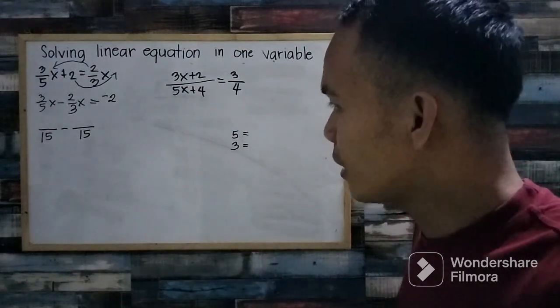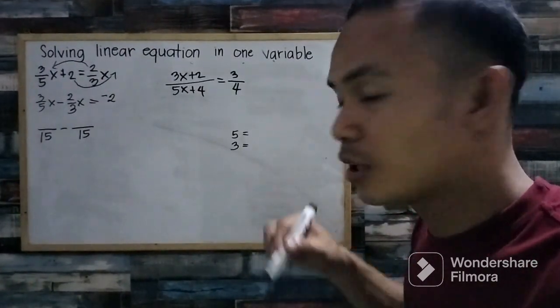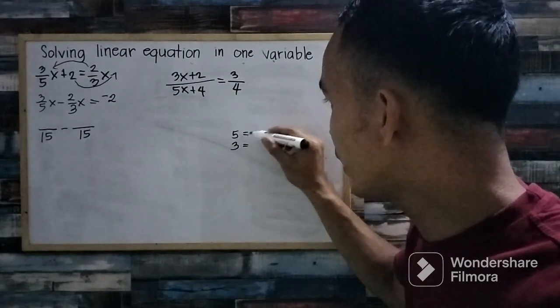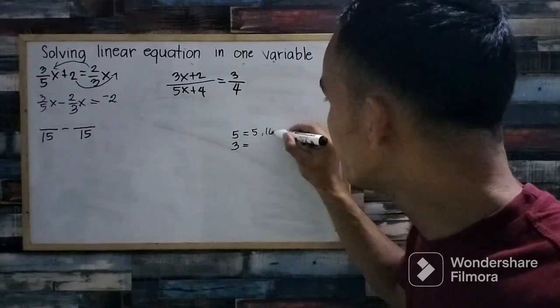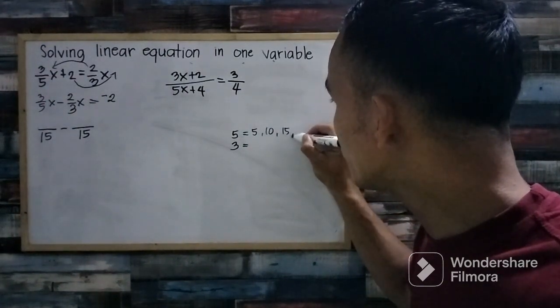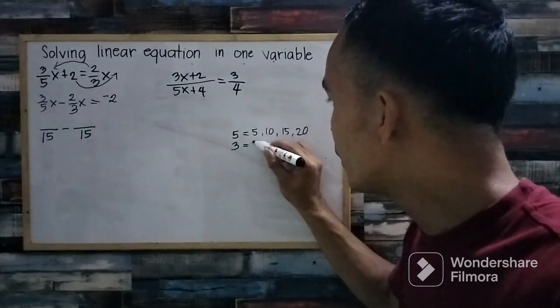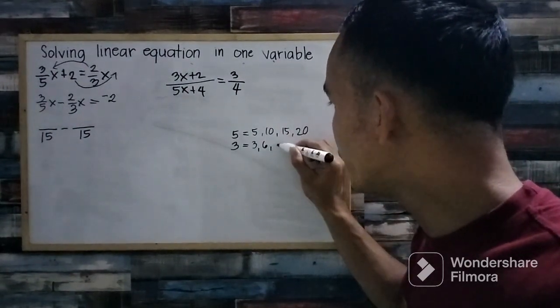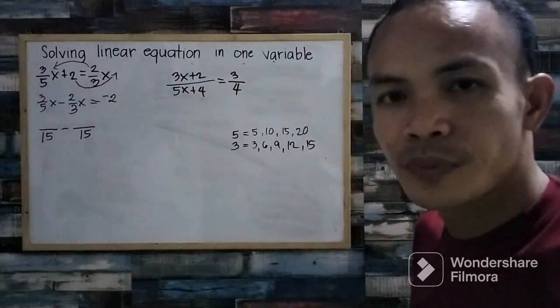Ito yung pinaka-basic at pinaka-madaling gawin. You will just simply write the possible multiples of the numbers. So we have that 5. So what are the multiples of 5? We have 5, 10, 15, 20, and so on. In number 3 also, we have that 3, 6, 9, 12, 15, and so on.